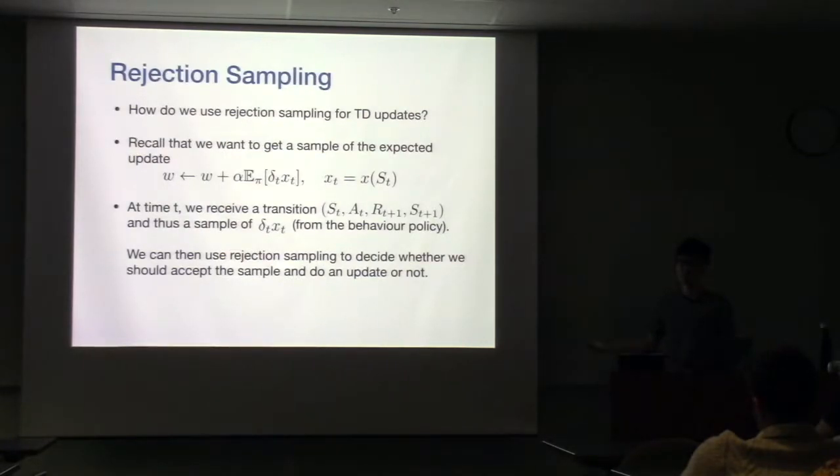The way you use rejection sampling is you say your target distribution is now your target policy, pi, and your proposal distribution is now your behavior policy, mu. Then you can use the same algorithm as before to decide whether you should reject or accept this sample. If you do accept it, you do an update. If you don't accept it, you don't do the update.